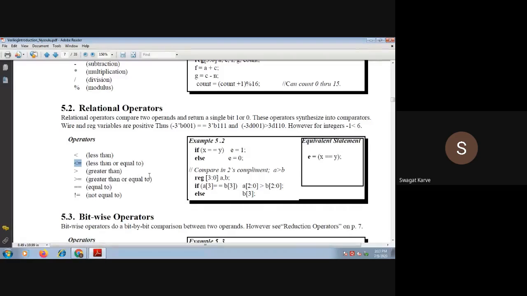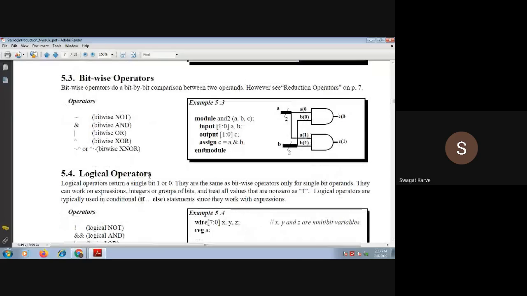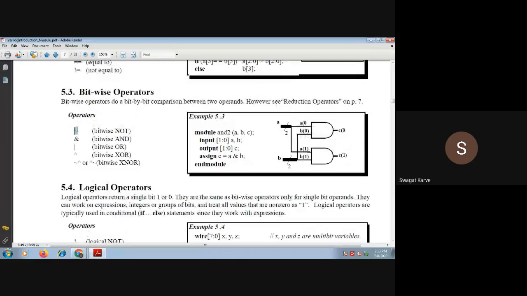So this is about the relational operators. Now next are the bitwise operators. That means these operators will perform the bitwise operation. This particular symbol is bitwise not. The ampersand symbol is bitwise and, and a single vertical line is bitwise or.